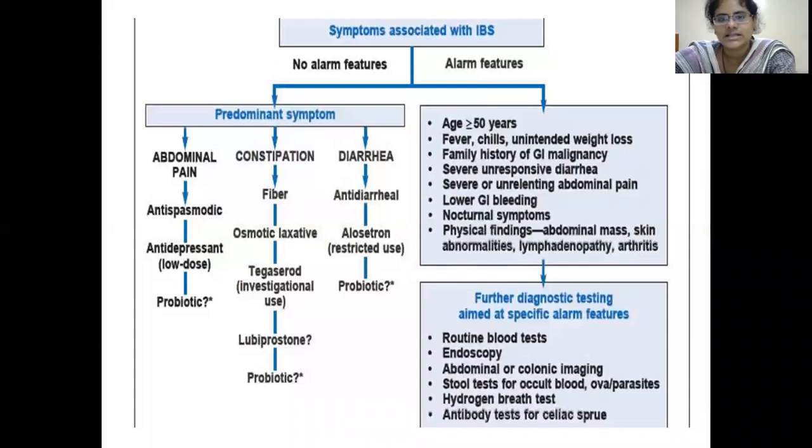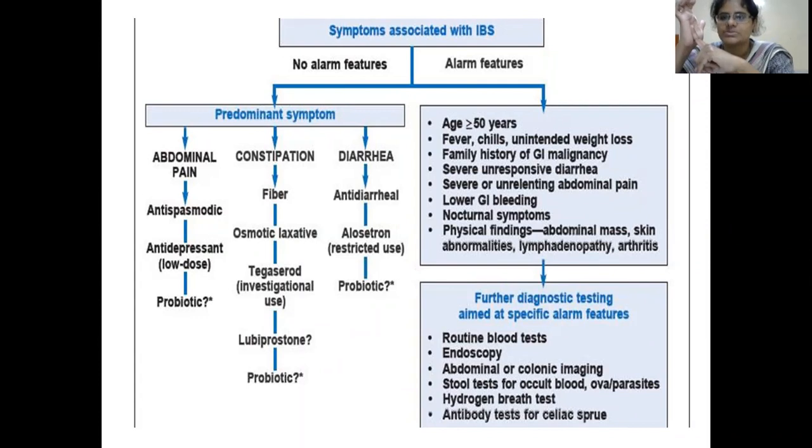And in this table, what I want you to keep in mind is the alarming features, that is the red flag signs. Elderly patients, family history of colonic cancer or family history of IBD or any other malabsorption syndromes: investigate this patient thoroughly. And if there is fever or unexplained excessive weight loss or more than minimal bleeding, that patient has to be investigated.